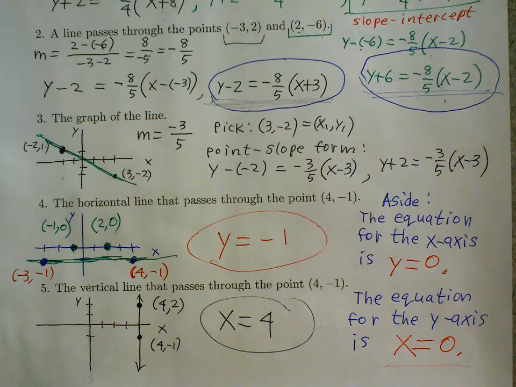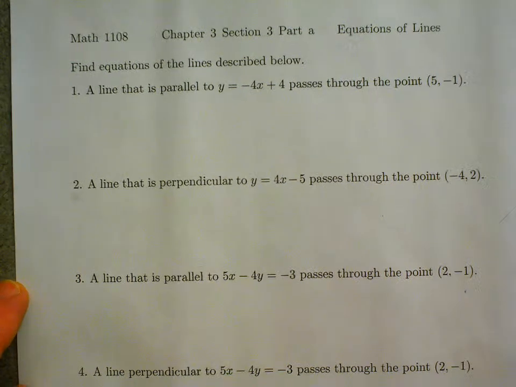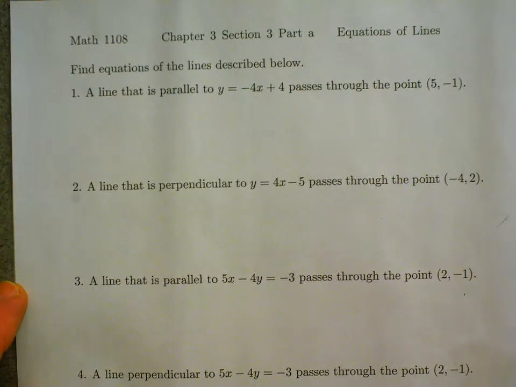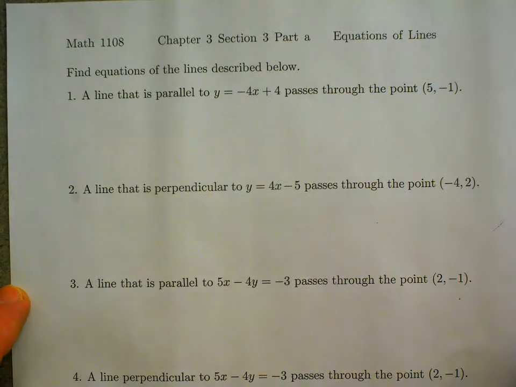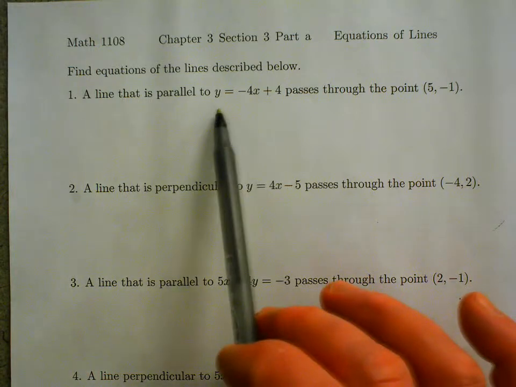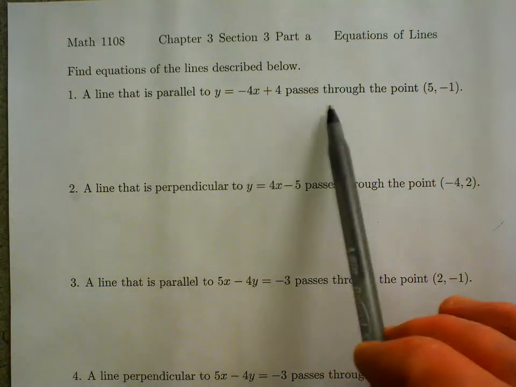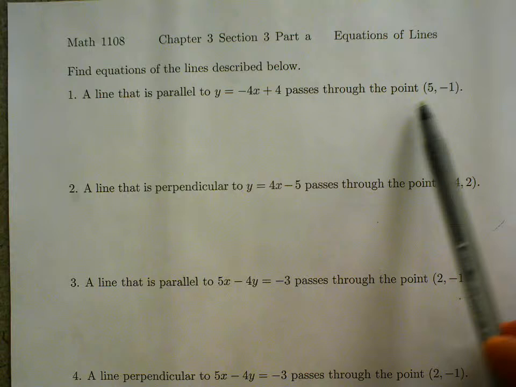Okay, let's move on to the next page. Find equations of the lines described below. Find the equation of the line that is parallel to y equals -4x plus 4, and which passes through the point 5, -1.